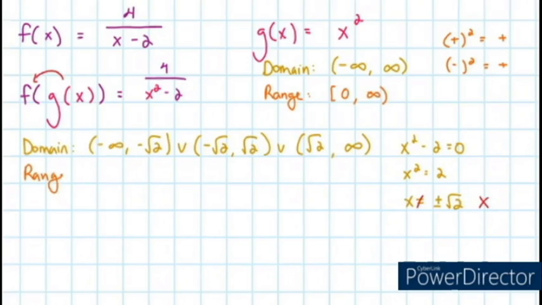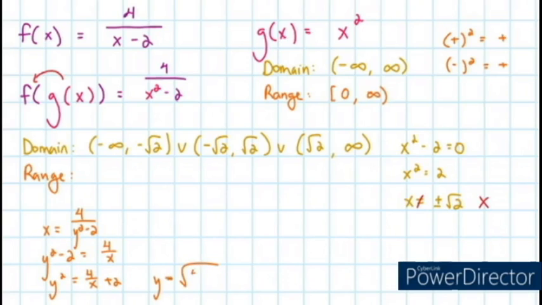For the range, you can solve this by finding the domain of the inverse. So that would be y squared minus 2 is equal to 4 over x, and y squared equals 4 over x plus 2, and then finally y is equal to the radical.